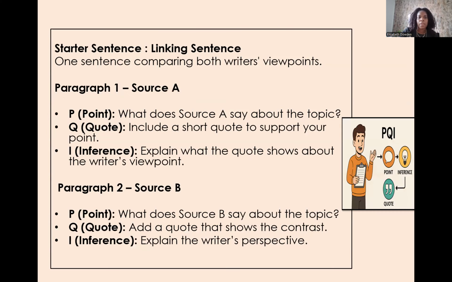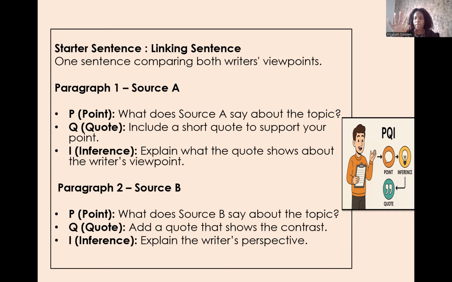So I've basically broken down the structure that we can use. You can pause the video, you can take a picture, but it's there for you. You want to start off with a one sentence comparing both points of view. For this question, you're going to write two short, snappy paragraphs. The way that my brain works is I've got to separate the paragraphs.